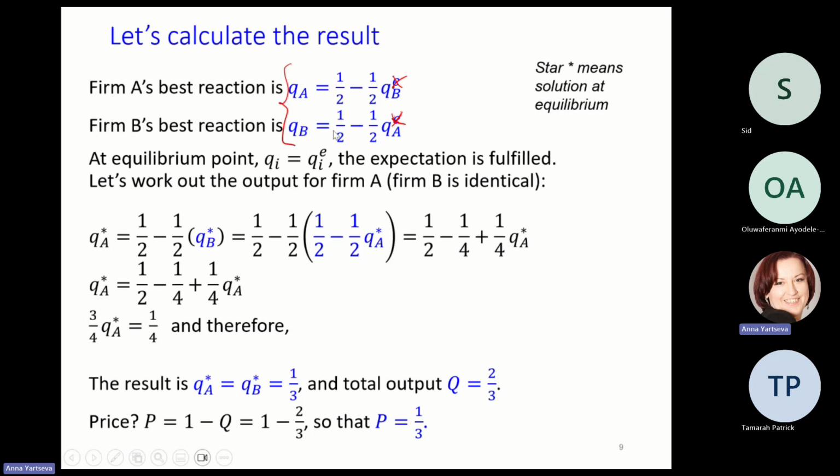And in order to solve this, we can simply plug one reaction function into another. So to solve this, let me just write it down for your test notes.